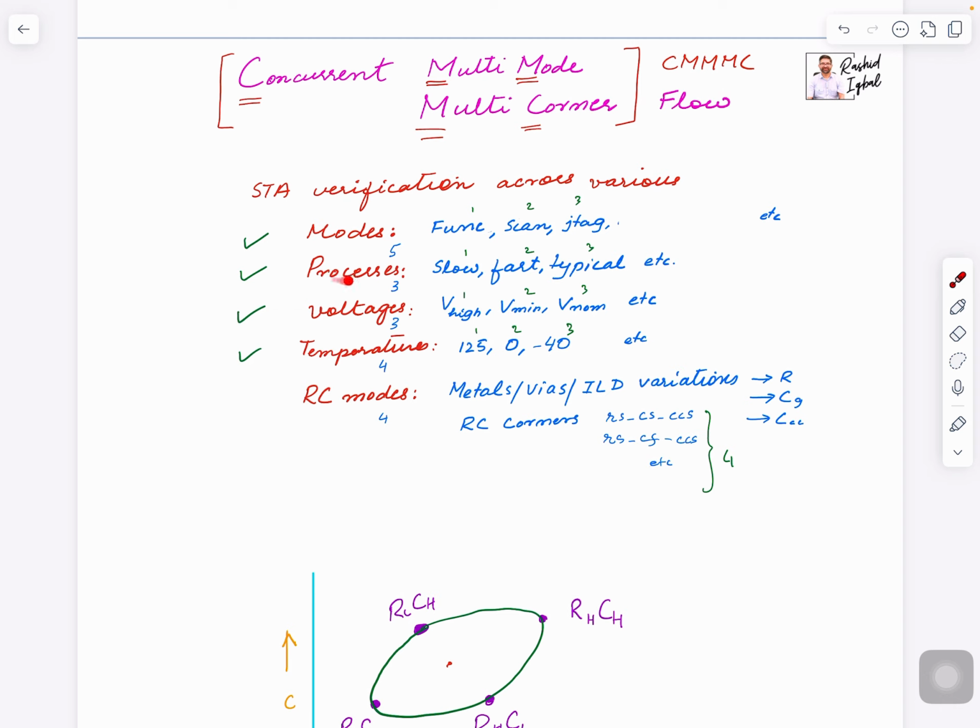Then comes process. Process is also something that I have gone into in detail during the block level. Here we're talking about inter die, where you can have dies that are very slow.